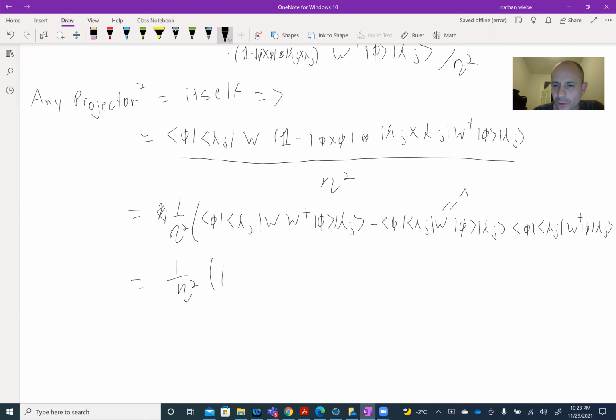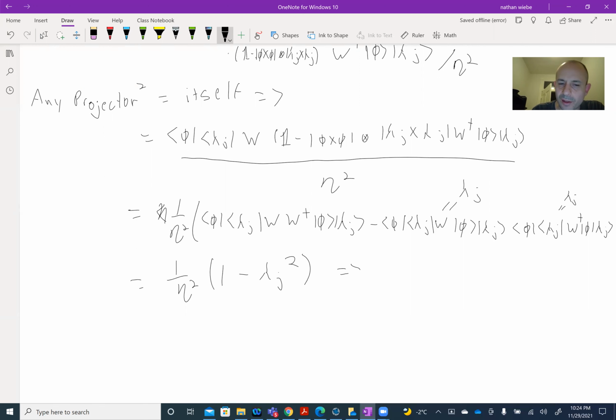This term is equal to lambda j, as we reasoned previously. This term also has to be equal to lambda j. And why is that? Well, this term is equal to the complex conjugate of the previous one. Because lambda j is real, since it's an eigenvalue of a Hermitian matrix, which is always real, this ends up giving us 1 minus lambda j squared.